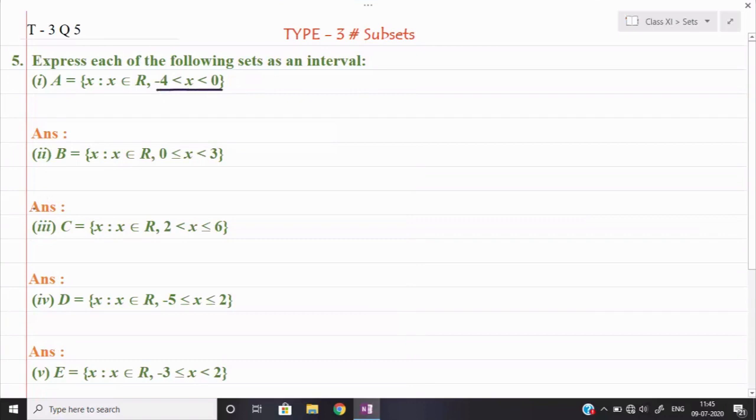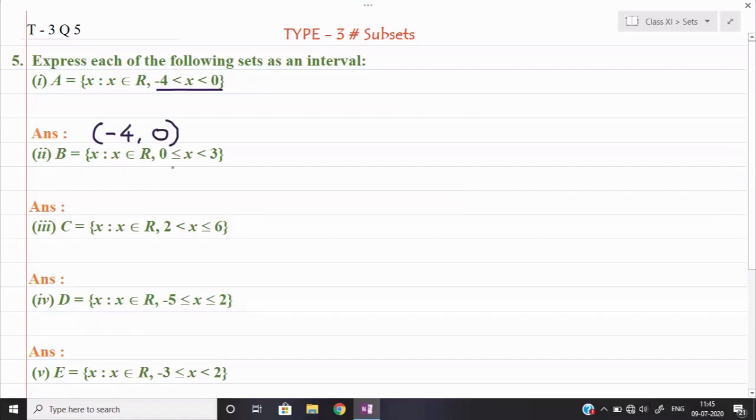Tell me, is the symbol of less than or equal to given? No, only the symbol of less than is given. So both the terms minus 4 and 0 will come as an open interval, so we shall write minus 4 comma 0 as an open interval. If the symbol of less than or equal to is given, then we write it with a closed interval. What closed and open mean, I have made very clear.